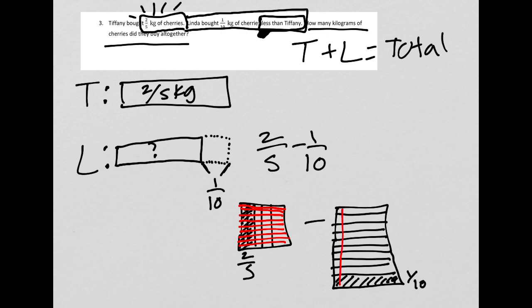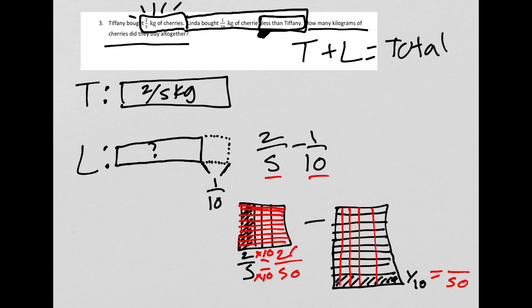1, 2, 3, 4. Okay, now for my denominators. It's really hard for me to count because it's so small, but I know my common denominator here is going to be 50. And that's because I have a 5 and a 10, and 5 times 10 is 50. So I'm timesing by 10, and I'm timesing by 10 because I had 2 rows.